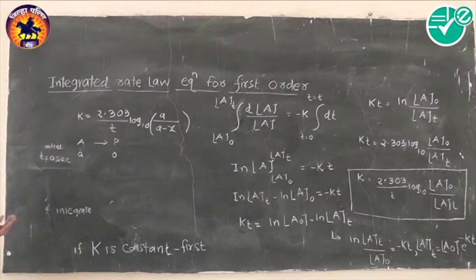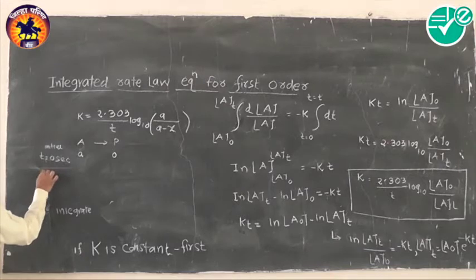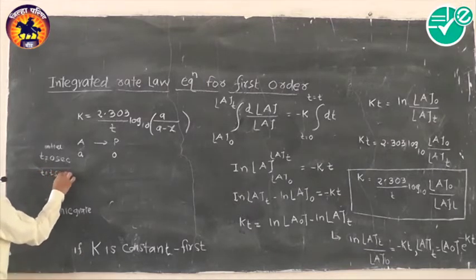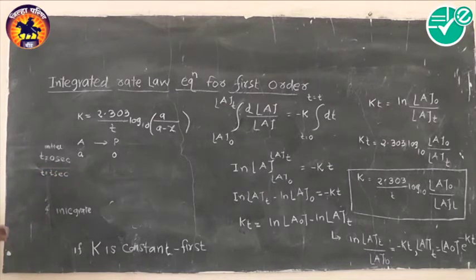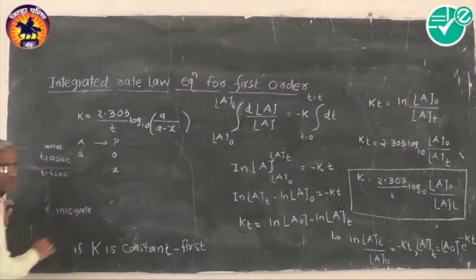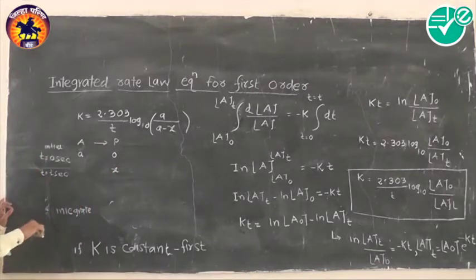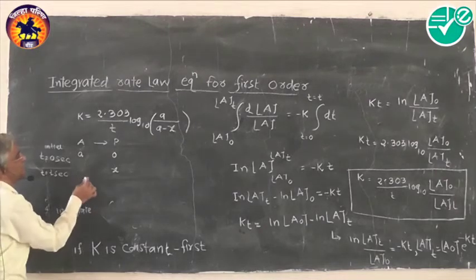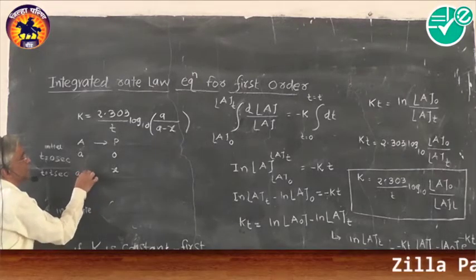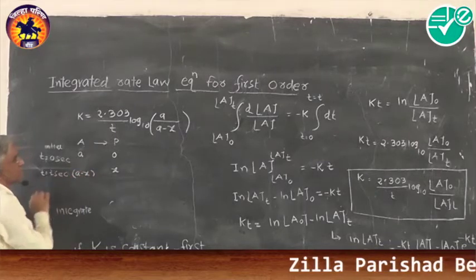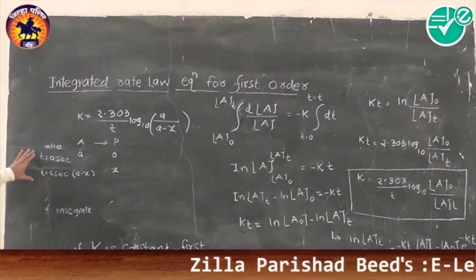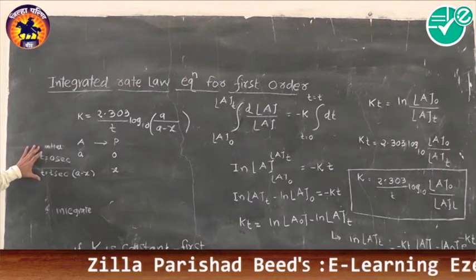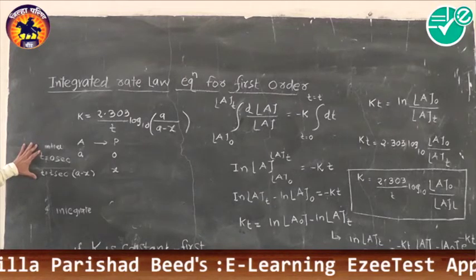After some time, say t equal to t seconds, say we have obtained some product, X amount, then the amount which has not yet reacted, left behind, will be a minus x. Therefore, this sometimes makes it easy for the student for the purpose of calculation.